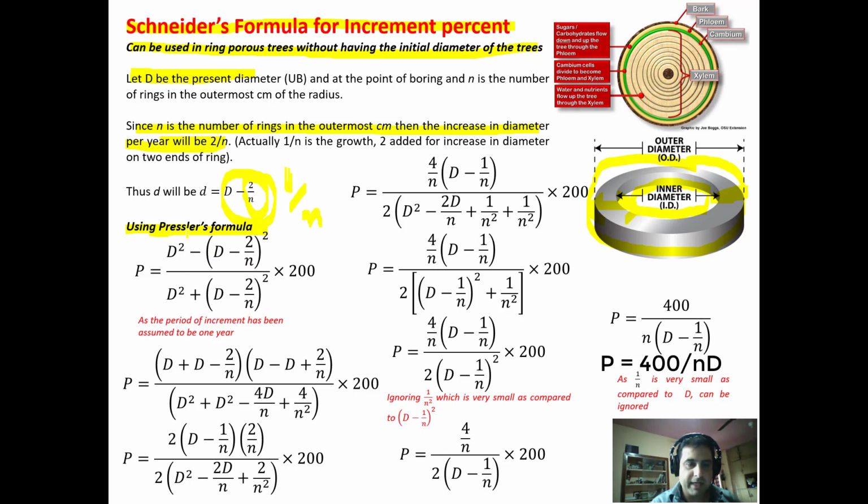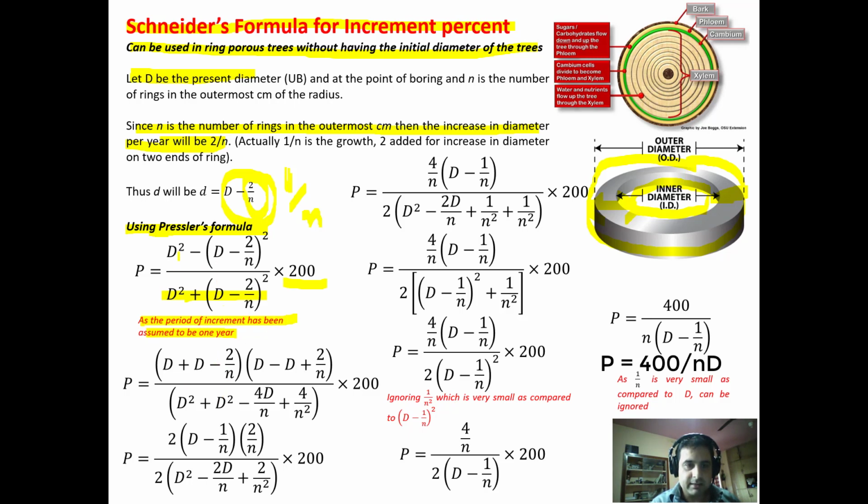Likewise we have the present diameter, which is capital D, and the preceding diameter, which we estimated using the bore method, that is D minus 2 upon n. So this is part of the Pressler's formula, into 200. Now we don't divide anything here by n, because the time period of increment has been assumed to be 1.